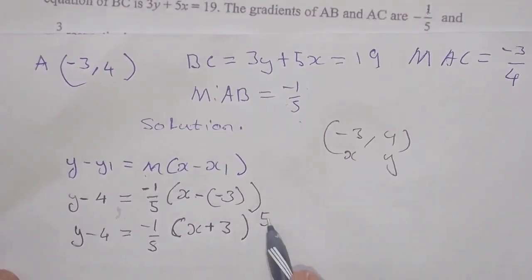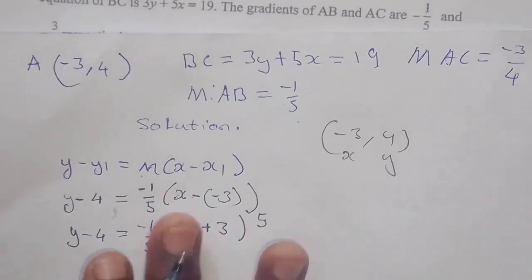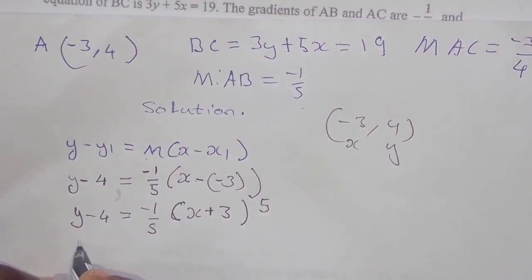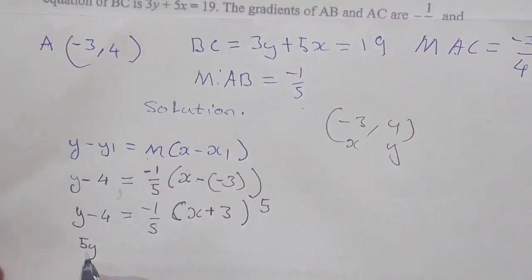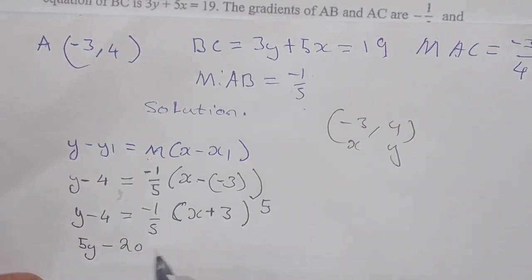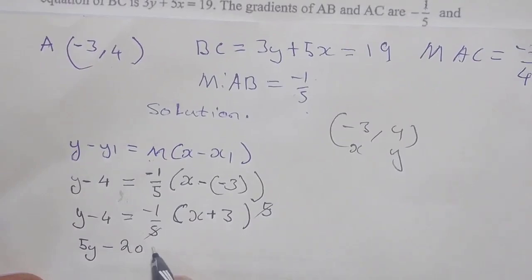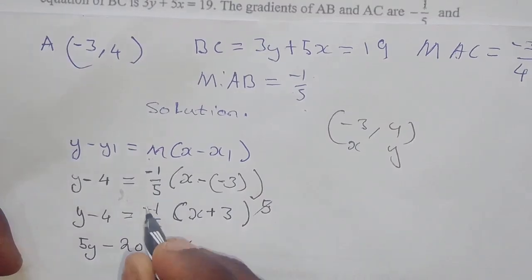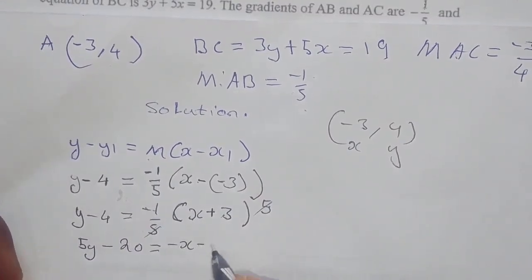Okay, so 5 multiplied by y, we are going to have 5y, minus 5 multiplied by 4, we're going to have 20. 5 and this will cancel. So here we have negative multiplied by x, -x, negative multiplied by 3, -3.